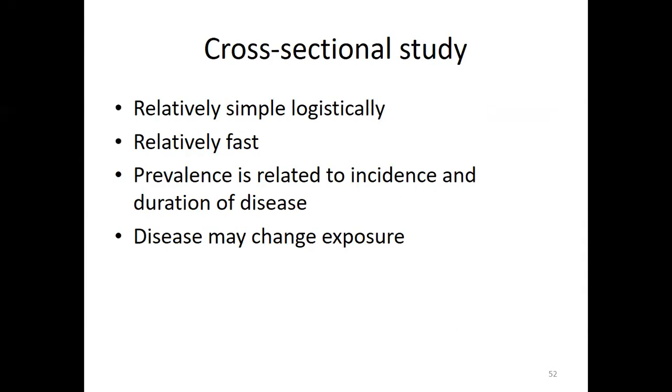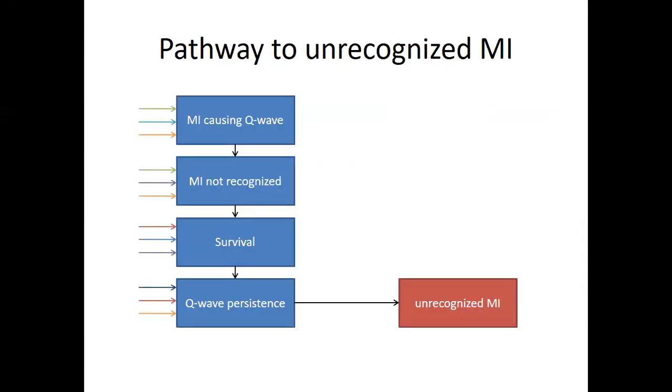The problem is that the prevalence is going to be related to the incidence and the duration of the disease. What I mean by that is to think about how you wound up in the REGARDS study with an unrecognized MI. First, you had to have an MI that caused a Q wave, and there's a bunch of different risk factors for that. Your MI has to not be recognized.